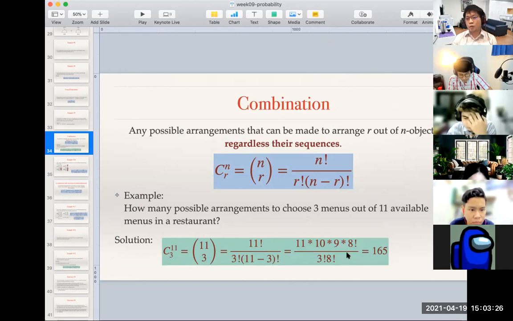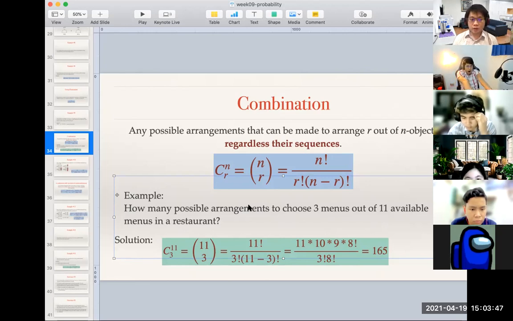But I want to ask you to think much more deeply regarding these questions, so that you can determine whether this question should be solved using permutations or combinations.